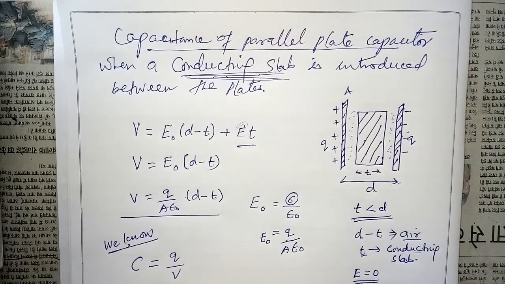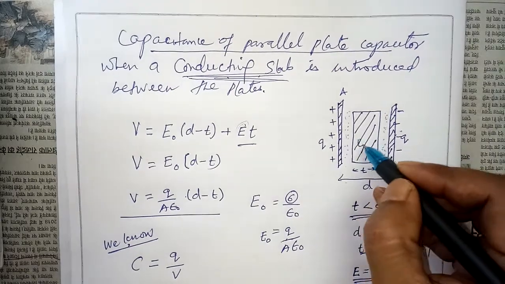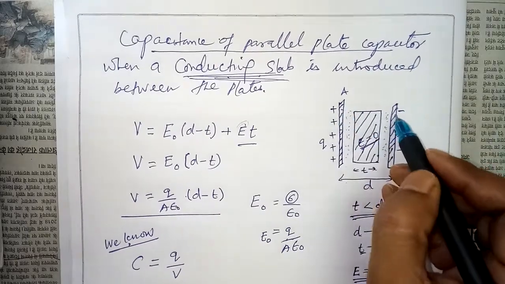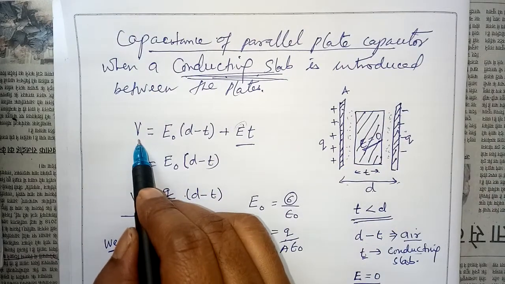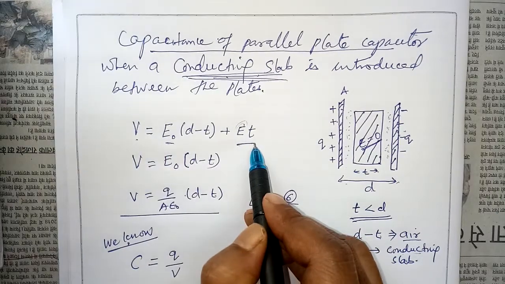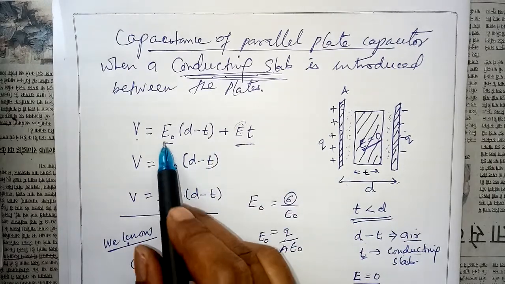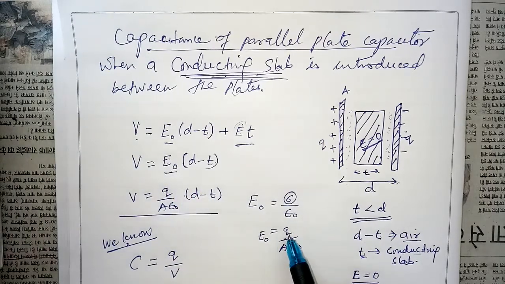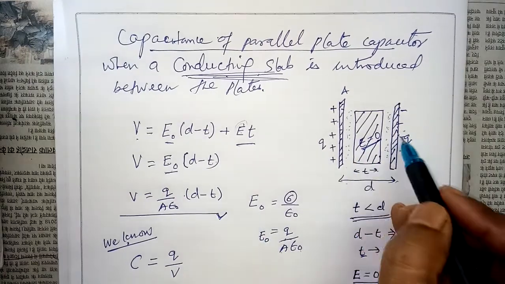We have learned in the past that the electric field inside a conducting slab happens to be 0. As there are charges on either plate, there will be a potential difference. The expression for potential difference will have contributions from the air and from the conducting slab, but for the conducting slab the electric field is 0, so the expression becomes E naught times D minus T. Substituting the value of E naught, which is Q by A epsilon naught, we get the expression for potential difference between the two plates.